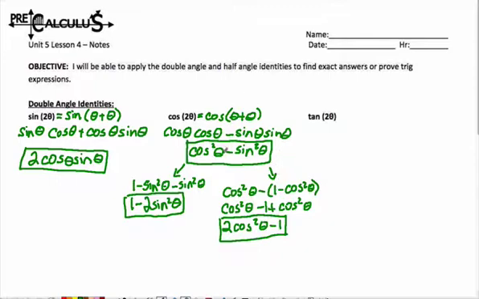All right, the nice thing about this is if you're trying to solve a problem and you want to get everything to sine or cosine, you can use one of these to get there. The tricky thing about this is you now have 3 possibilities here. So if you're doing a proof, you have 3 possibilities for cosine 2 theta, and you have to decide which one's going to work best for you. See the tan one, well, this is just going to be tan theta plus theta.